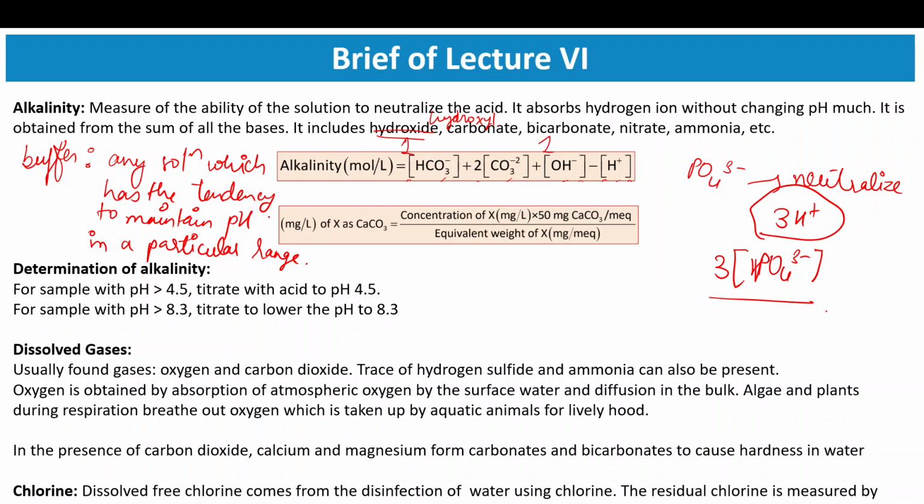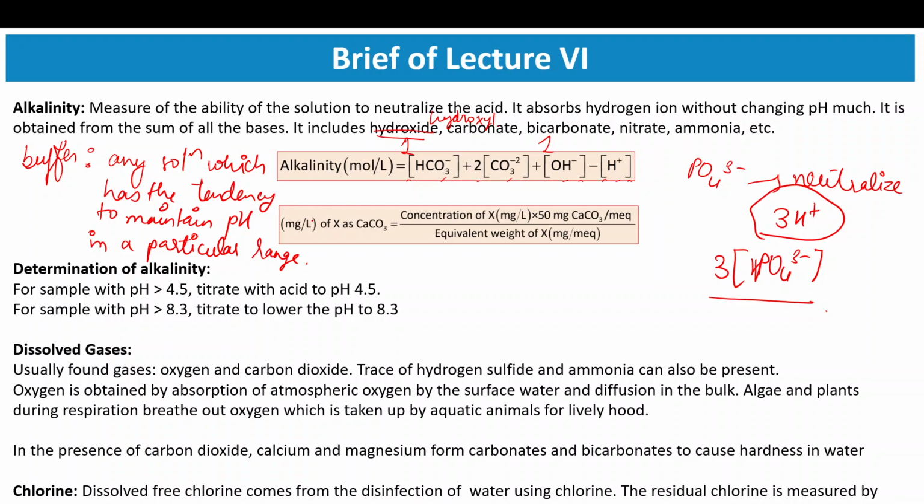Now, always this alkalinity and hardness and everything, they are measured in terms of milligrams per liter of calcium carbonate. The reason for this we had discussed in the last class also, because calcium carbonate has molecular weight 100 and we have a basis so that it is always easier to explain and always easier to convert.